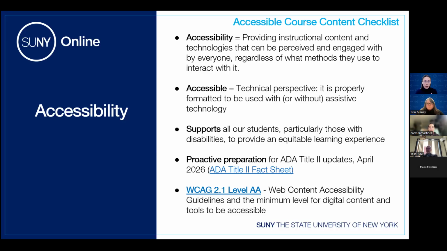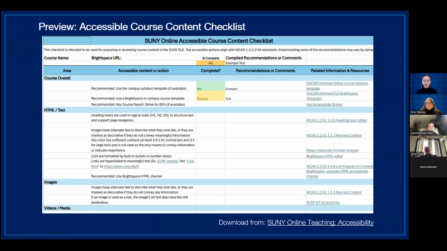The level we need to meet is the WCAG standard, Web Content Accessibility Guidelines 2.1 level AA, and that is the minimum level for digital content and tools to be accessible. There is level 2.2 AA, which will likely become the baseline in the future, so certainly strive for it, but 2.1 will be the requirement in April. Hopefully this checklist can help with that effort.